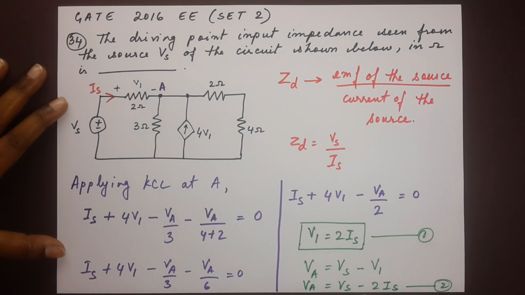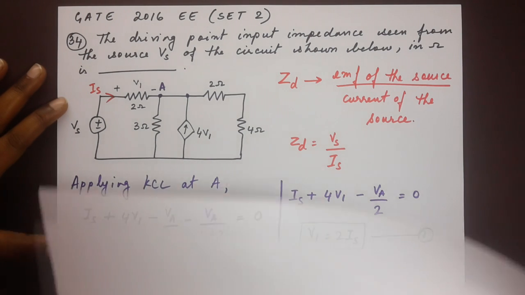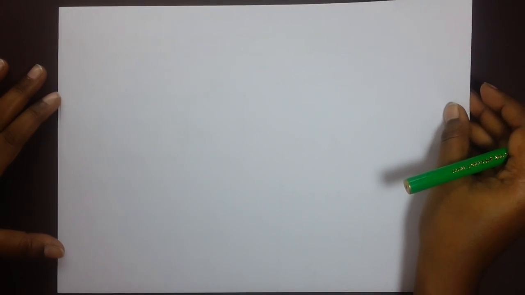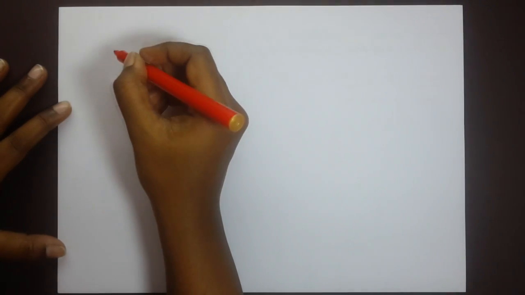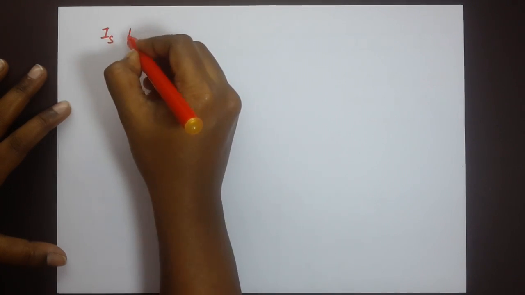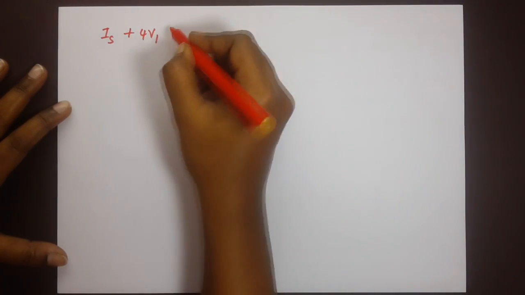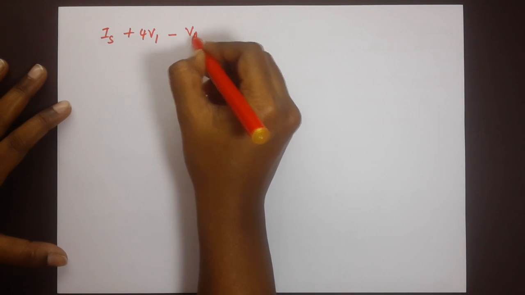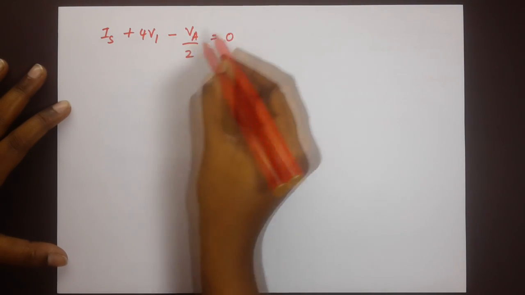So now we have two relations, for Va and for V1. Let's substitute both 1 and 2 into this equation here. The equation is Is plus 4V1 minus Va by 2 is equal to 0.